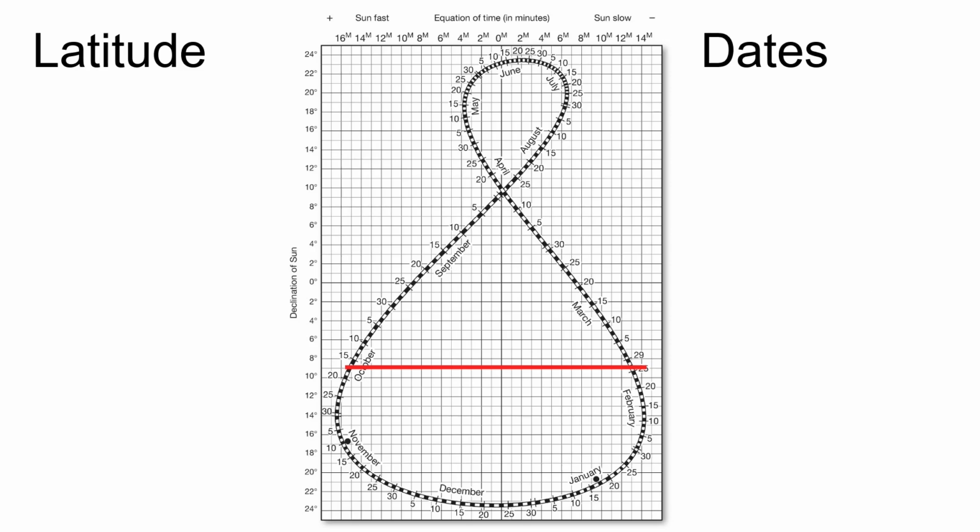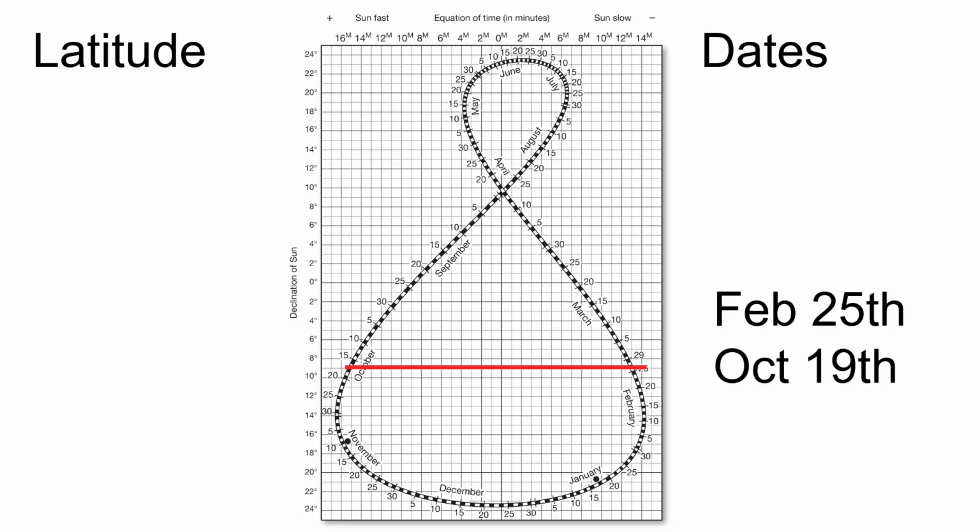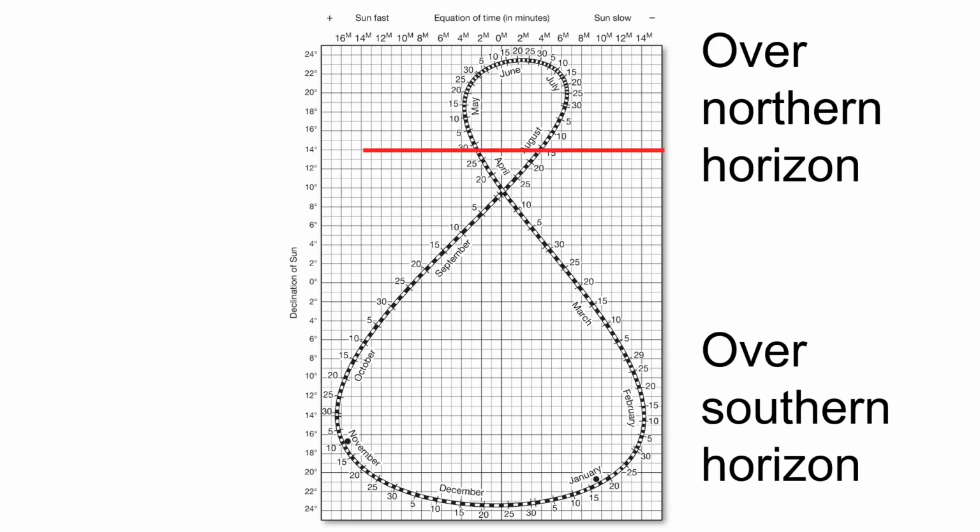So if you know the dates, February 25th or October 19th, those are two dates that the sun is at the same position. Then you just slide over and go, oh, 9 south. The subsolar point on February 25th and October 19th is 9 degrees south. So you can also think of it from any position, for example, from April 29 into May, into June, July.